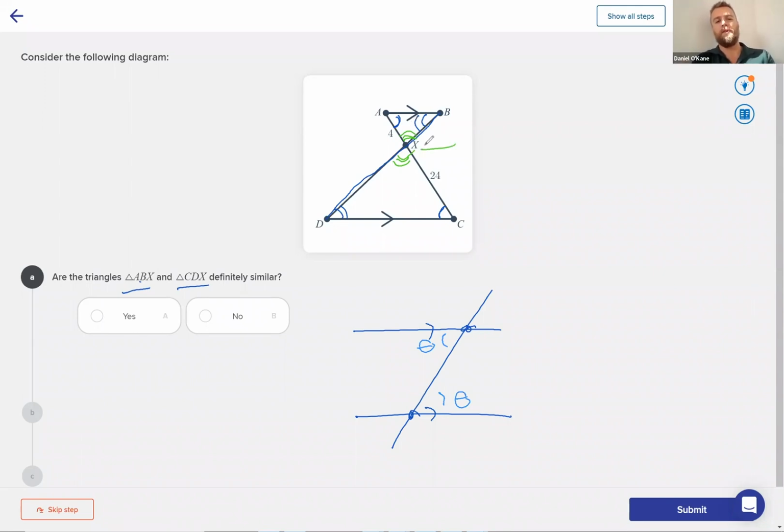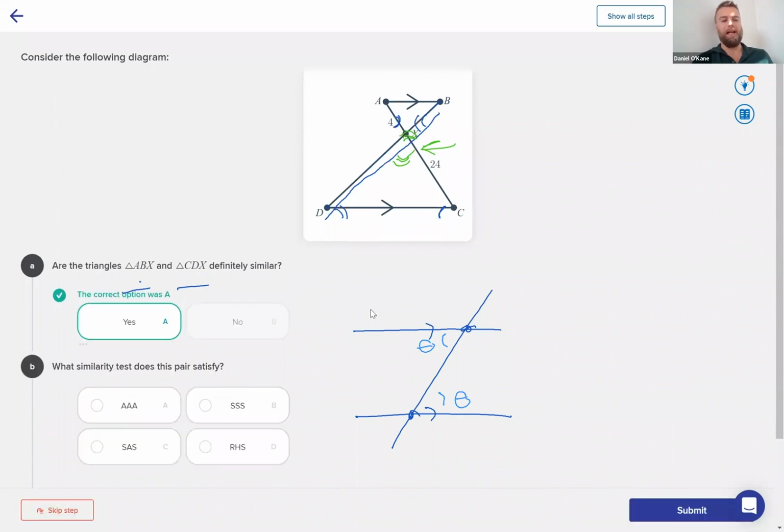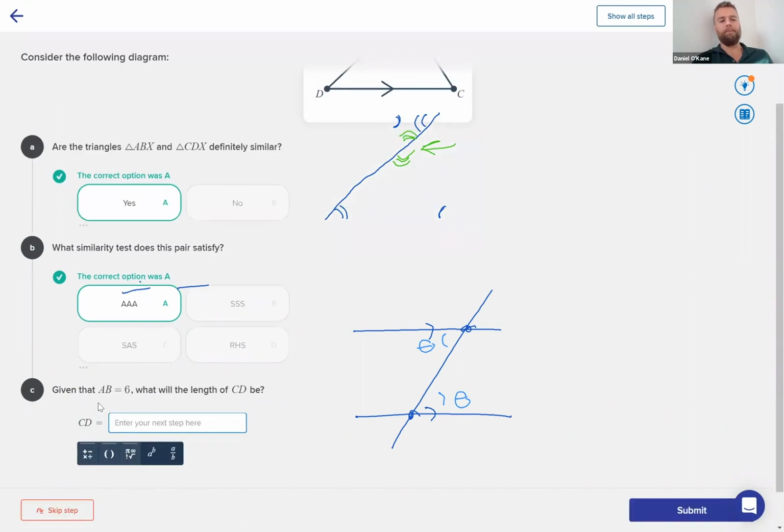Also consider that vertically opposite angles are also equal. Because it's those same two lines, I know those angles are equal by that theorem as well. So yes, actually, these triangles are definitely similar due to angle, angle, angle similarity. So you can write that as option A.